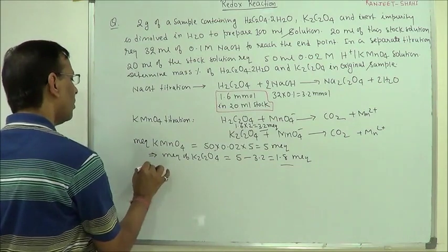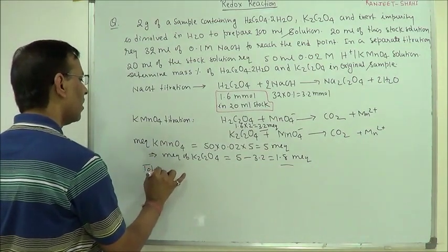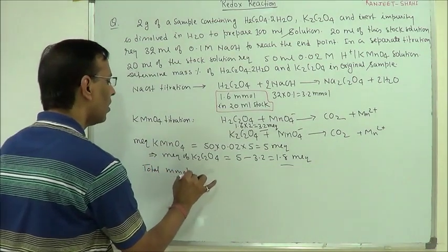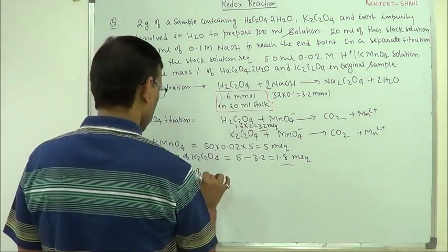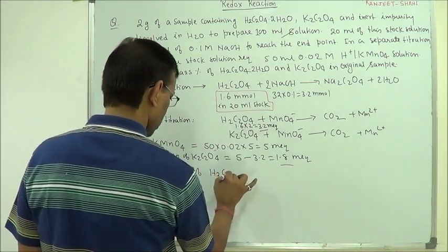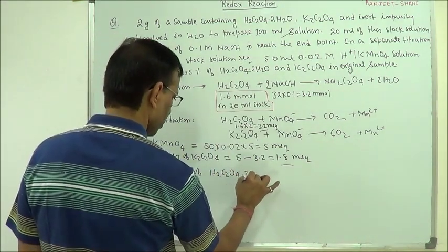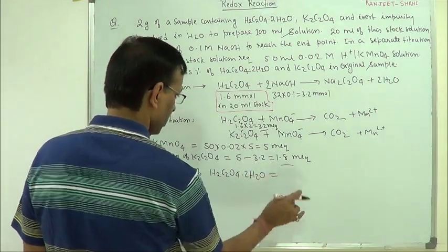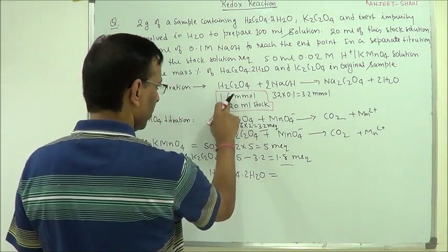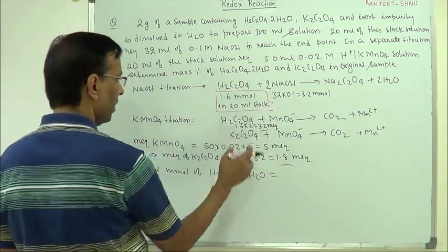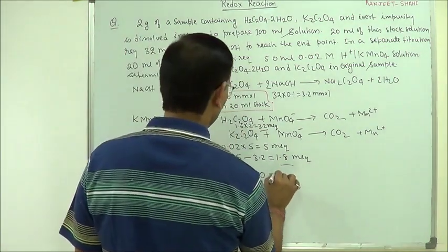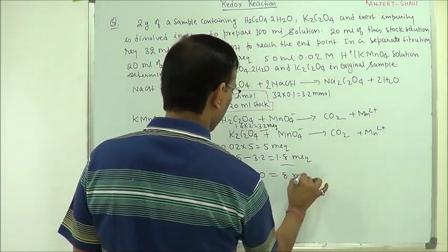So for total millimole of H2C2O4.2H2O, 1.6 millimole in 20, so in 100, 5 times, 1.6 into 5, so 8 millimole.